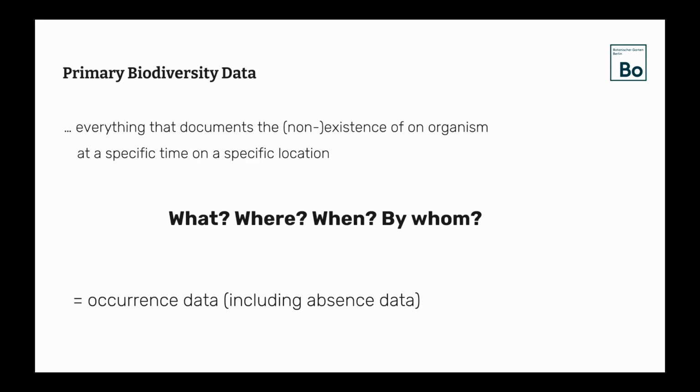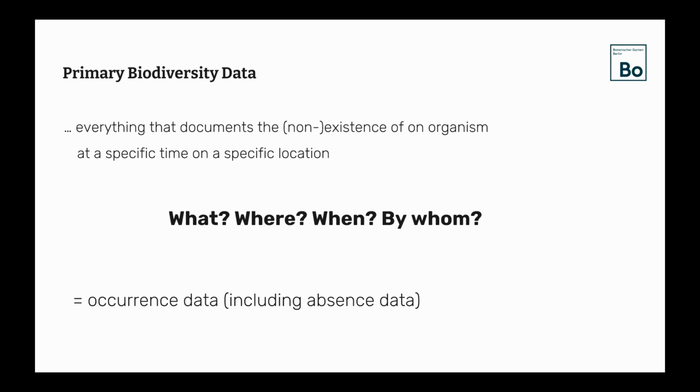So first, what is GBIF and those biodiversity networks about? It's what we call primary biodiversity data. It's everything that documents the existence of an organism at a specific location at a given time. And the organism can be identified as a species or on a higher taxon level.